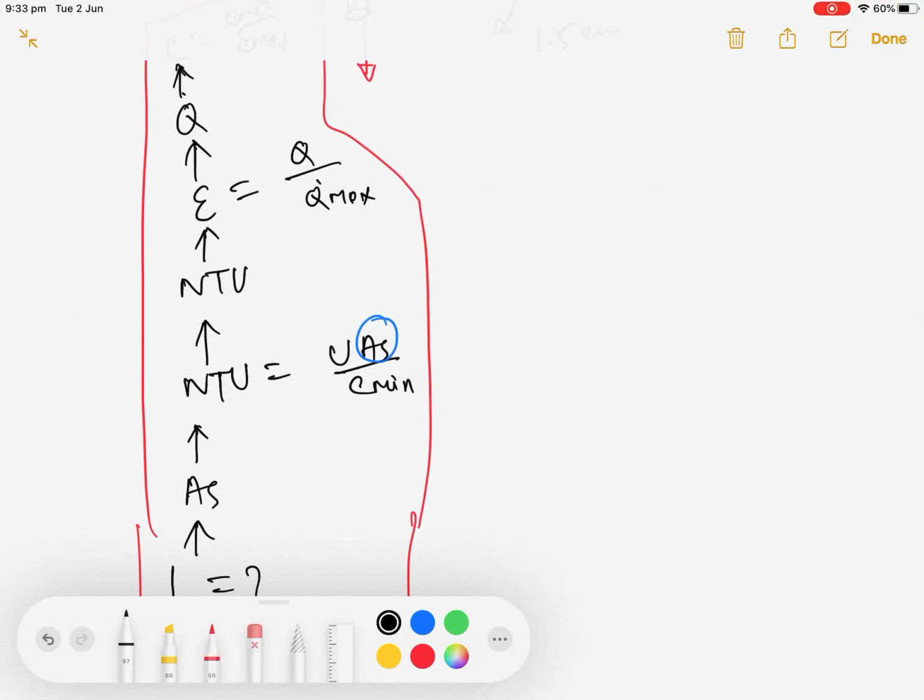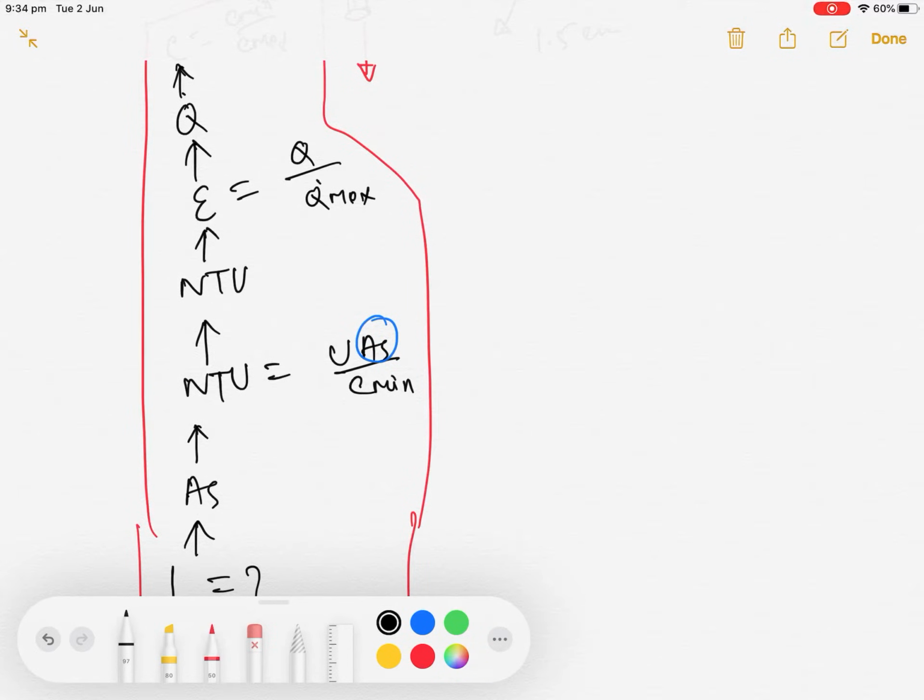So to save some of our time, I'm not writing the assumptions and the properties here, because you already know we solved the first problem. So we will just start with the analysis.